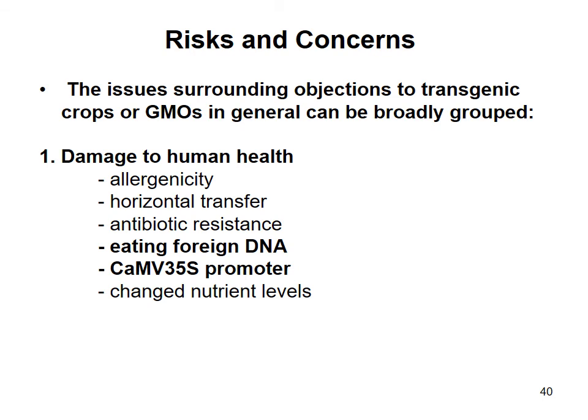People have been eating it in small quantities for hundreds of years, for example, when we eat vegetables that are infected with the disease. And although vegetables heavily infected with the cauliflower mosaic virus are unappetising, there have been no documented negative effects on health from eating the virus or its promoter.